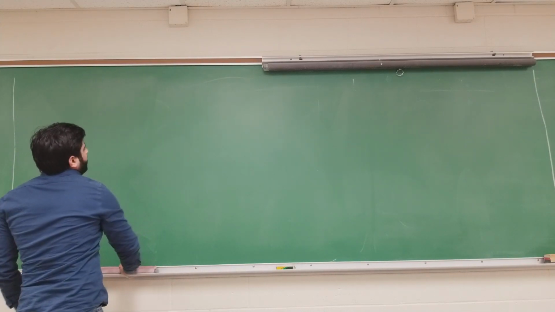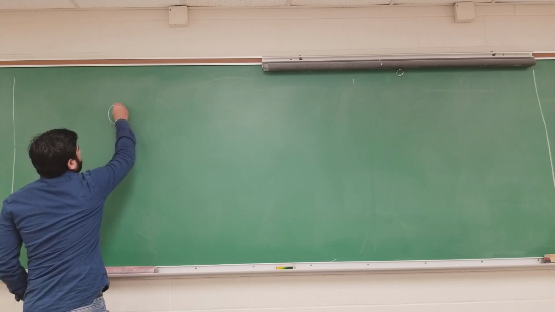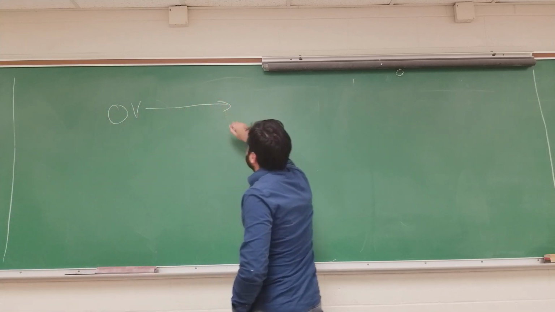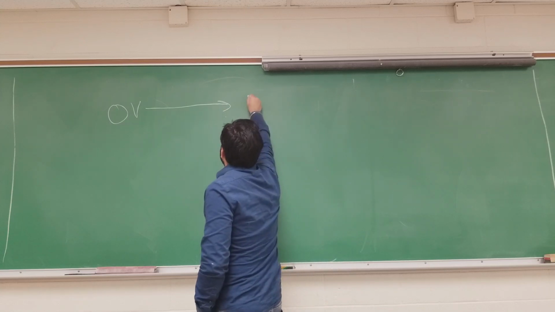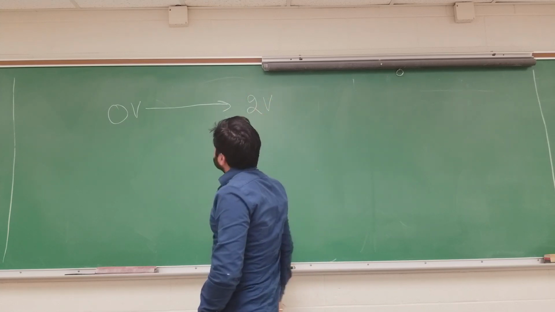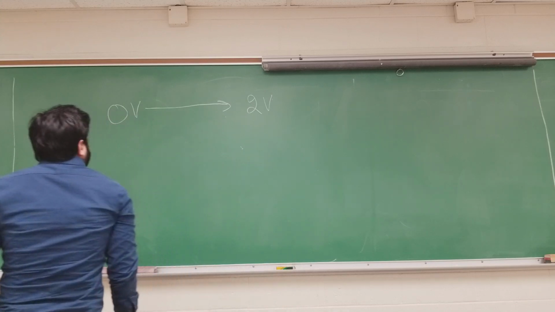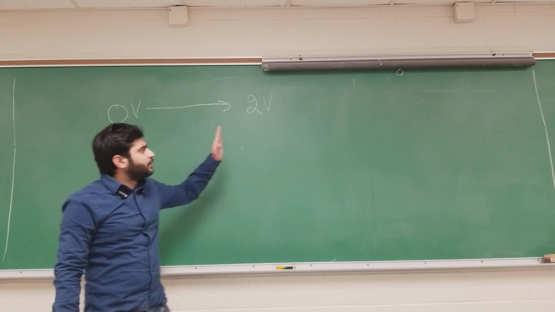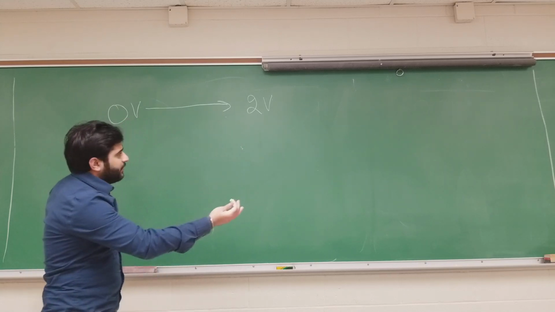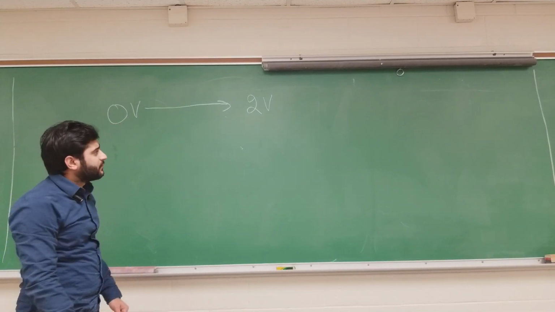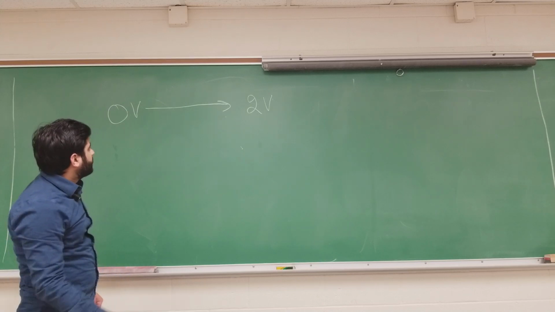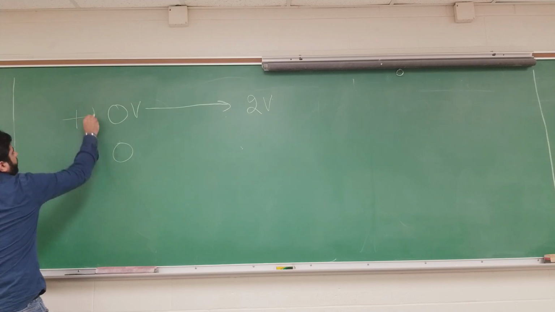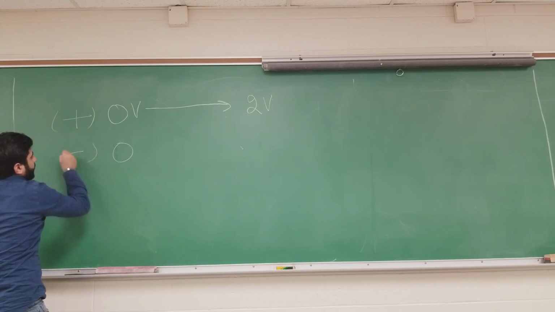Let's consider we started from 0 volts and kept on increasing the voltage, and for instance it started rotating at 2 volts. Here we can see that there is no rotation from 0 volts to 2 volts. This particular region is known as deadband. We can also see it in the negative direction, so this is the positive deadband, and we will also have a negative deadband.